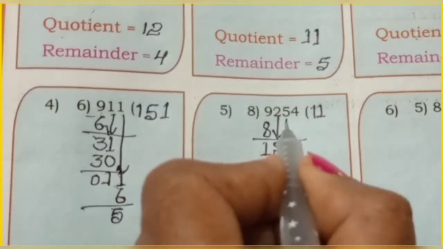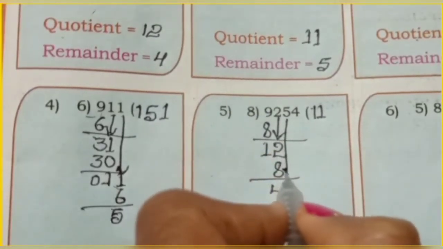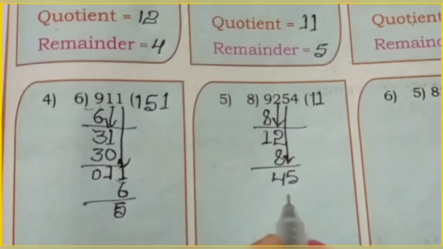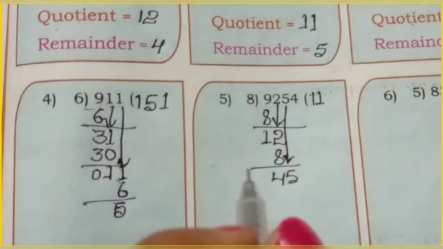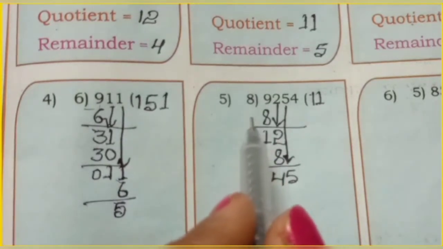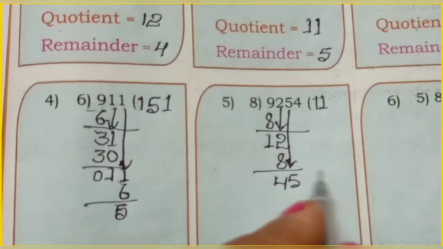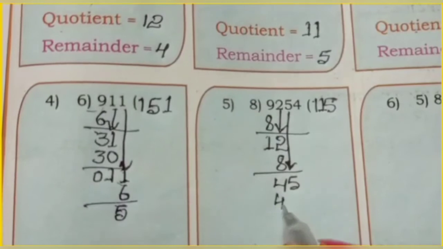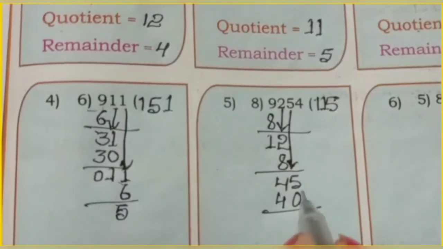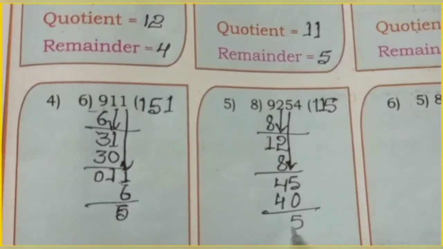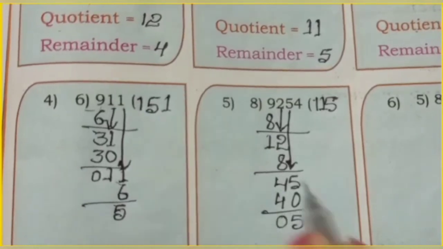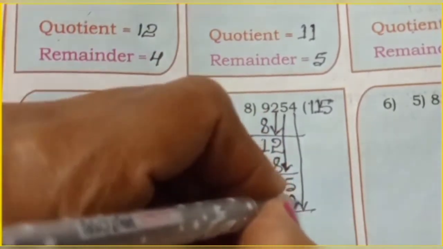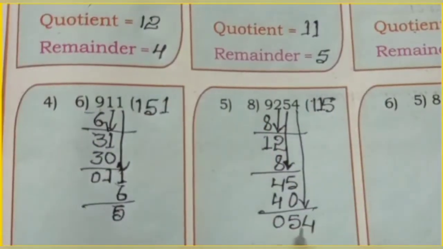Now bring down 5. Now divide 45 by 8. 8 fives are 40. Now subtract it. 5 minus 0 is 5. 4 minus 4 is 0. Now bring down 4.